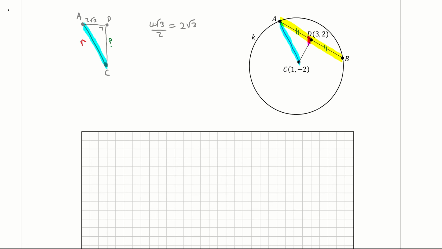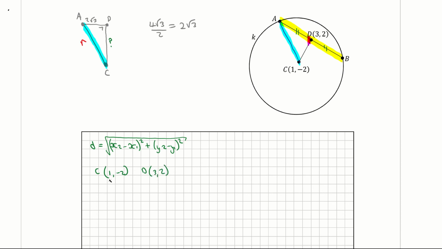From my log tables, I have the distance as x2 minus x1 all to be squared plus y2 minus y1 all to be squared, in the square root. I'm getting the distance from C to D, and the point C is (1, -2), and the coordinate of D is (3, 2).